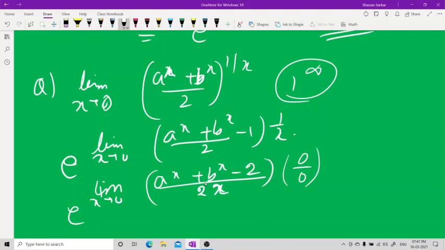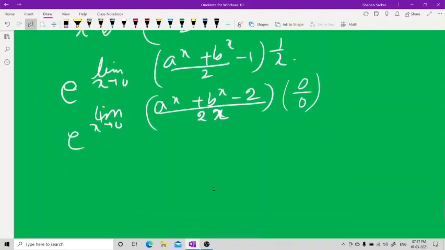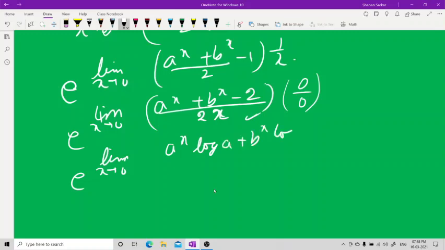Even you could do it in another method also. I'll tell you later on. Wait. First solving this: e to the power of limit x tending to 0, (a to the power of x log a plus b to the power of x log b) upon 2.